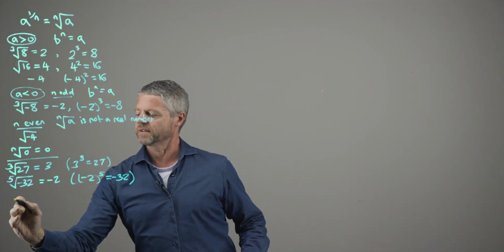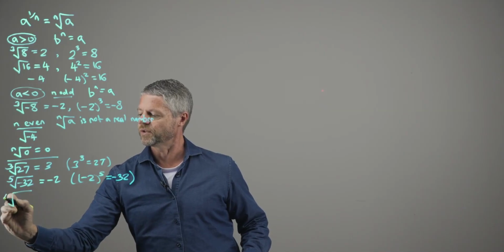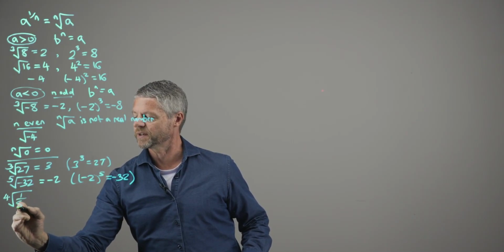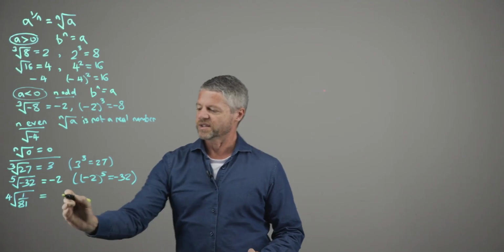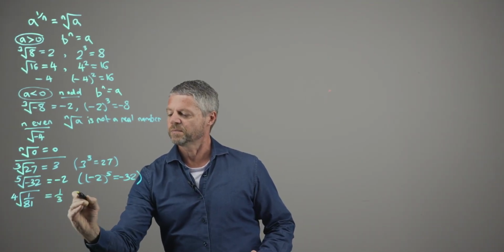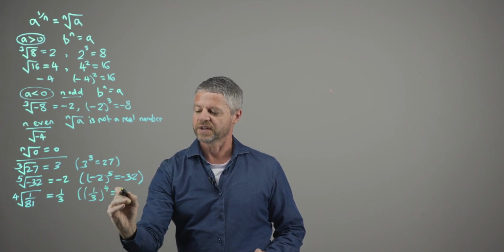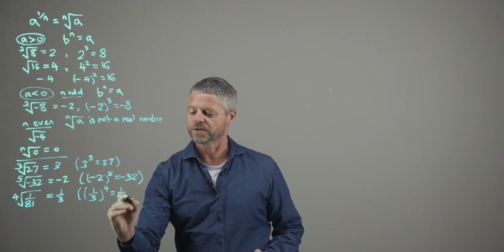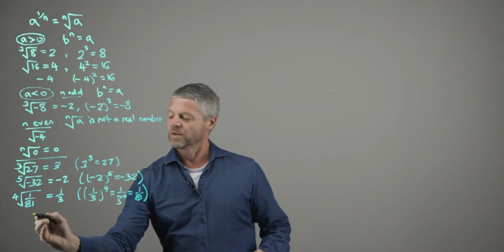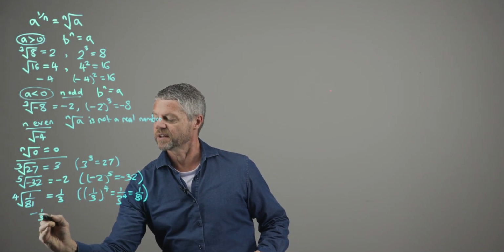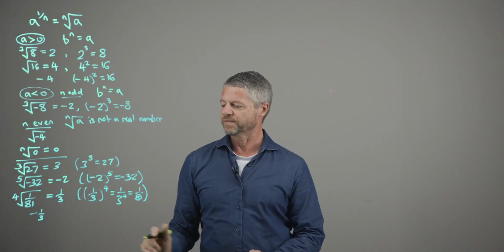And then let's throw a fraction in here. Let's do the principal fourth root of 1 over 81. So that's going to be 1 over 3, because 1 over 3 to the power 4 is the same as 1 over 3 to the 4, which is 1 over 81. And here, minus 1/3 is the fourth root of 1 over 81, but it's not the principal fourth root.